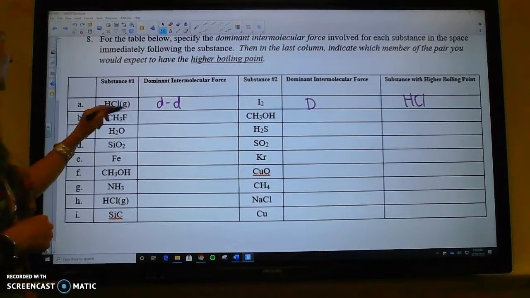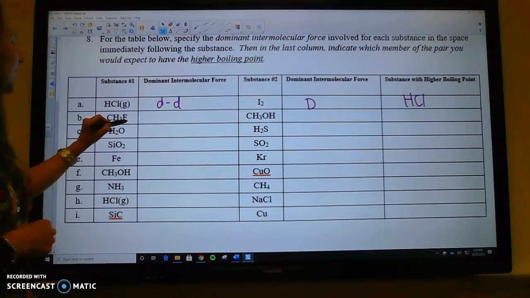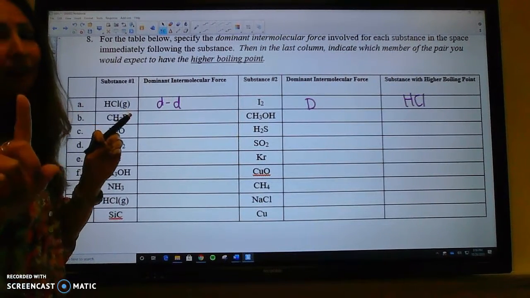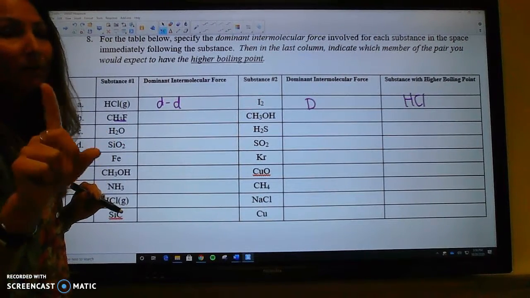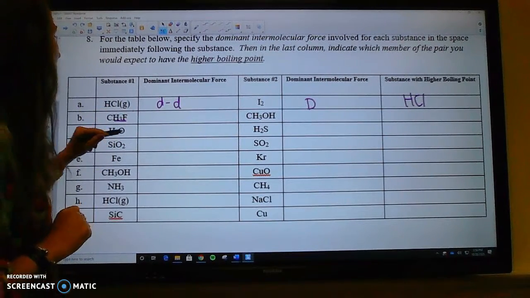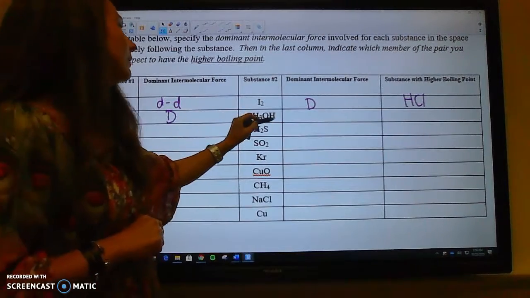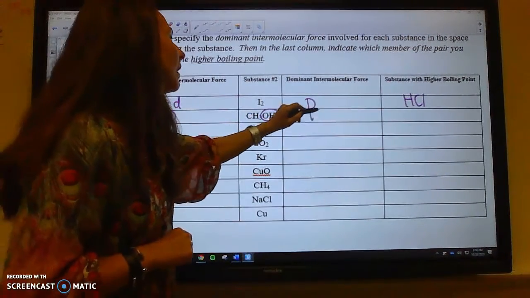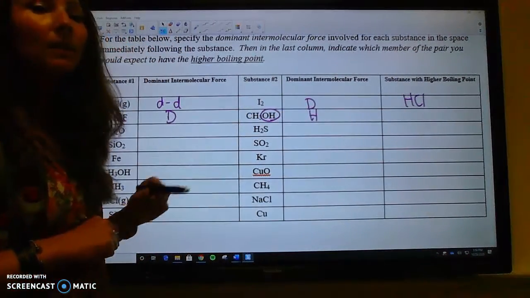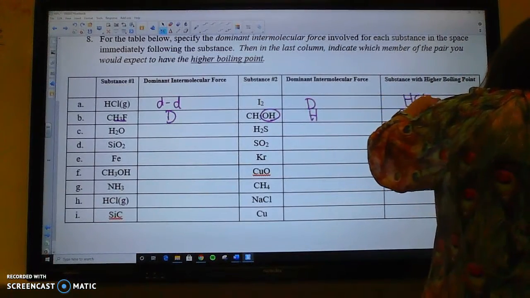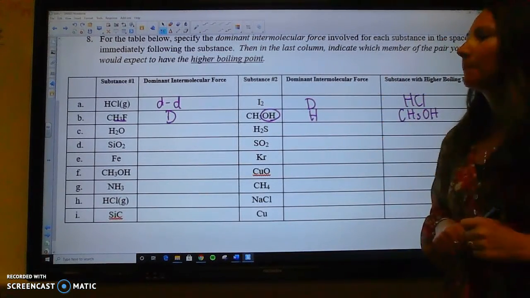Next we have CH3F. Even though this is HF, this is not HF alone, and it's actually the fluorine bound to the carbon, so that's not going to work. Okay, so it is just dispersion. Whereas this one, we do have hydrogen bonding that takes place. So CH3OH is definitely the one with a higher boiling point.